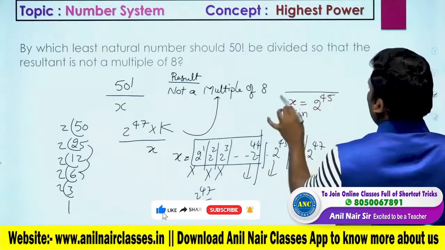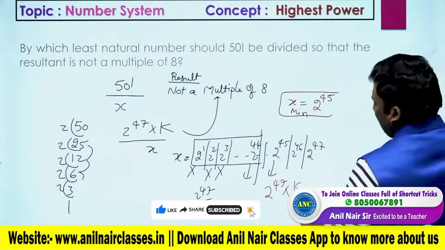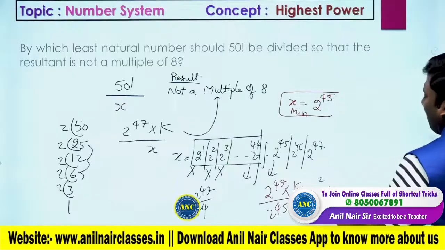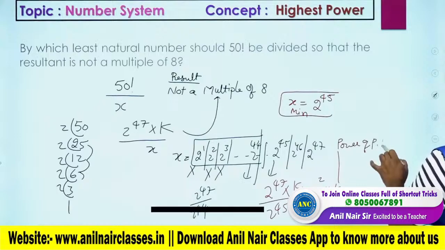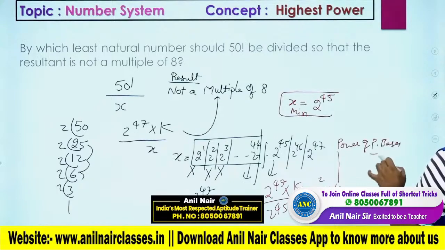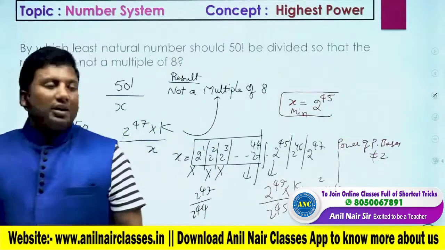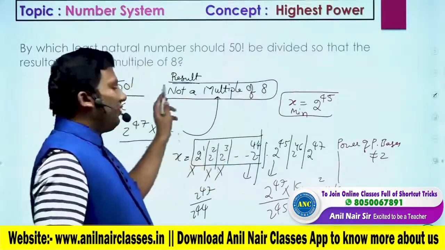If I take 2 power 45, 2 power 47 into k divided by 2 power 45, it is 2 square into k. K is a power of prime bases other than 2. So 4 into something, it will be 4. But the question is, it is not a multiple of 8.